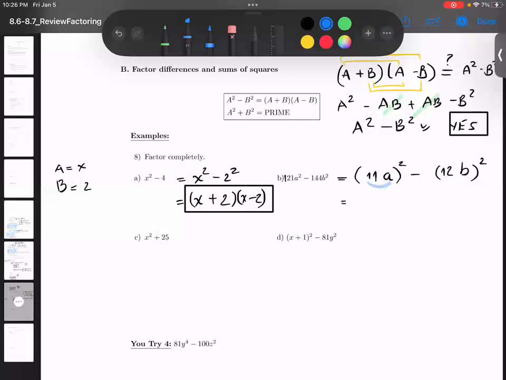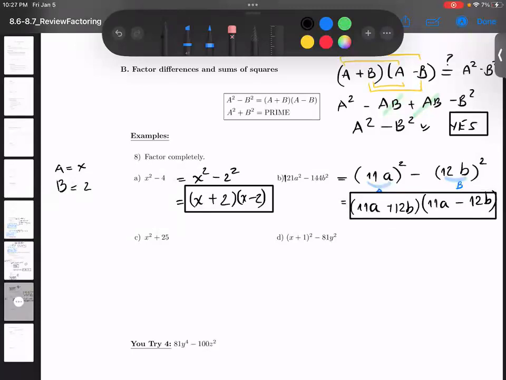That's my A, and that's my B. So A plus B times A minus B. Well, big A is 11a, plus big B is 12b, and then big A minus big B. Big A is 11a, and big B is 12b.